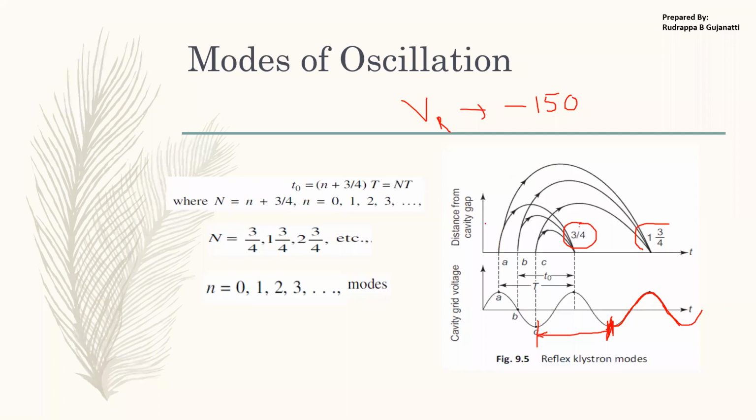When it is 150, say I consider this as highly negative, this electron will traverse and get bunched at this point. Similarly, others also get bunched at the same point for minus 150 volts.